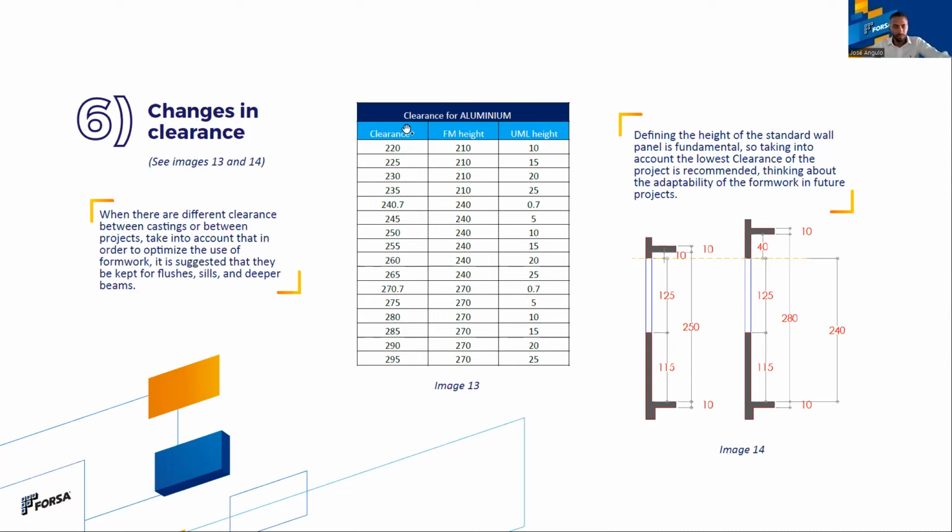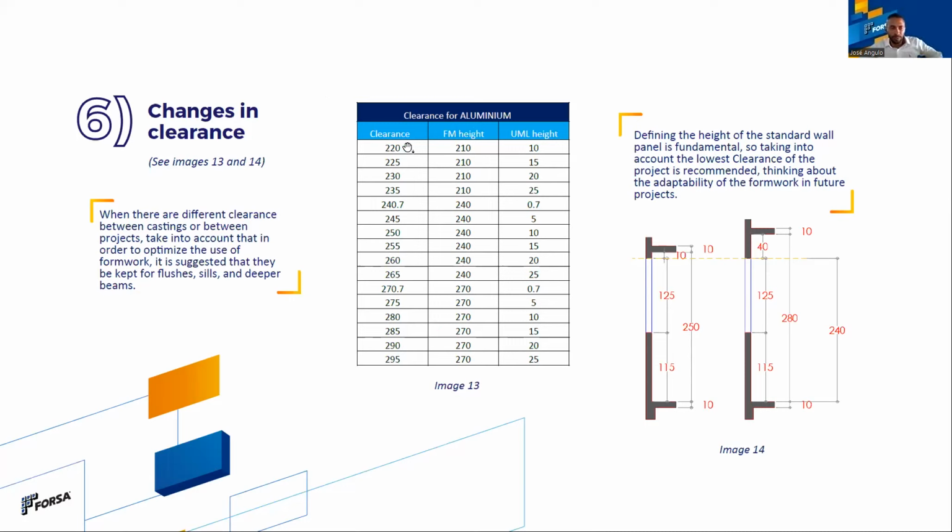The left column talks about the clear height. The middle one refers to the wall panel itself, and the right one talks about the corner or the union between slab and walls, the element that makes that function.